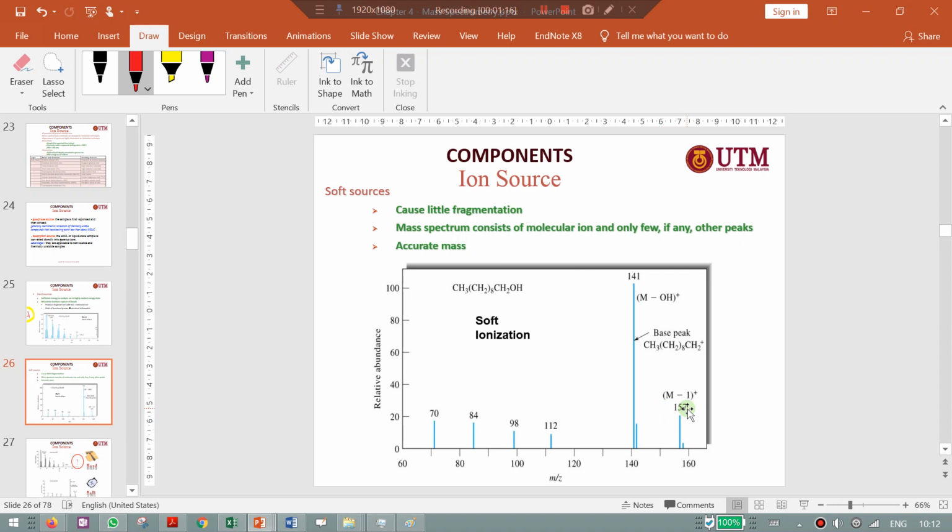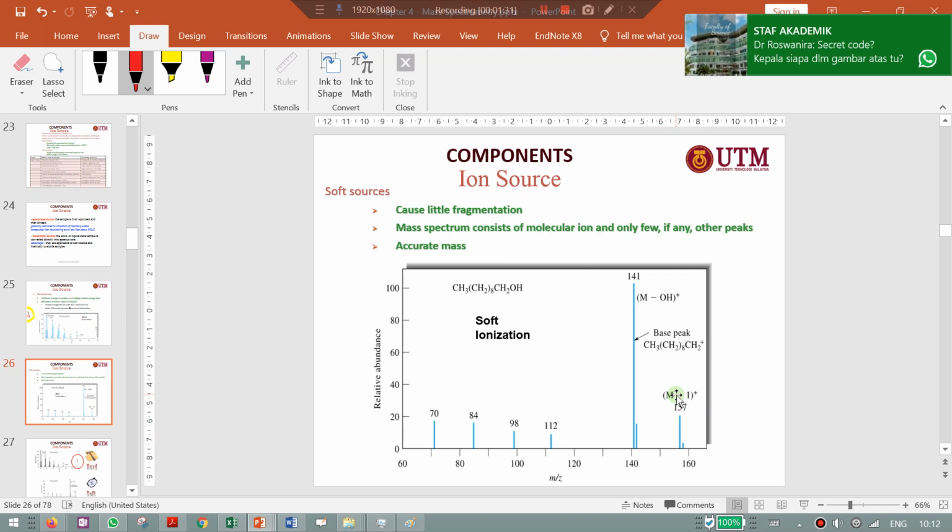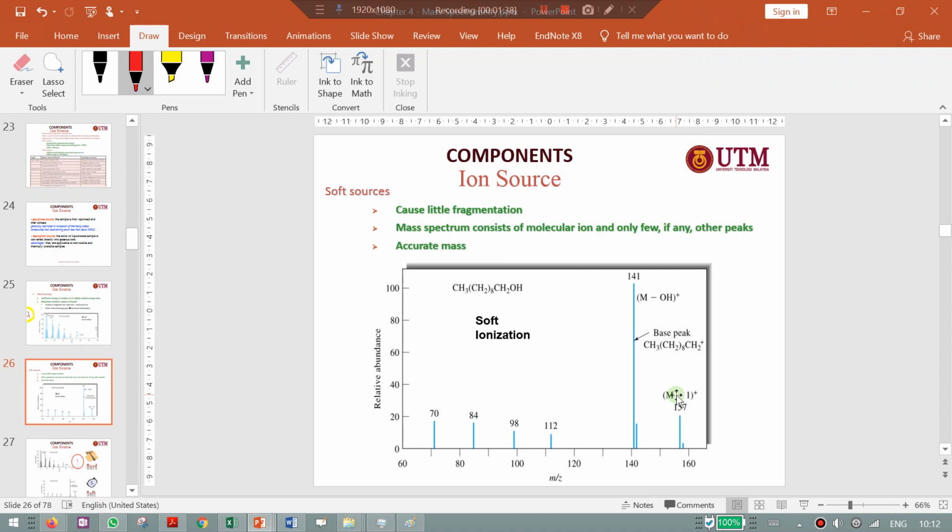Maybe another compound has the same m/z value or the same molecular mass. Compound A and compound B may both have 158 molecular mass. What makes them different are their structure and their functional group.